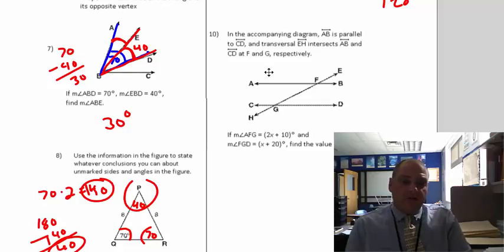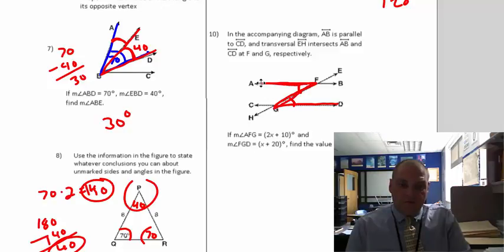Number 10, two parallel lines cut by a transversal. AFG, that's this guy right here, and FGD, that guy right there. See this one and this one? They are alternate interior angles. Look for a Z. Boom, boom, boom. See that Z?